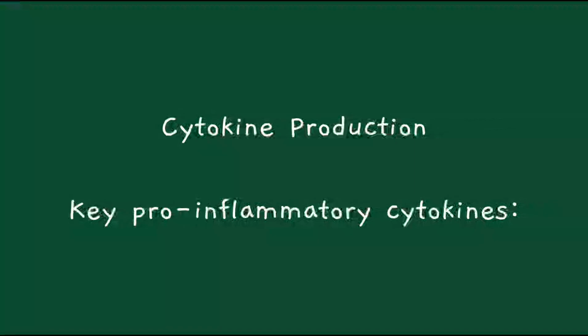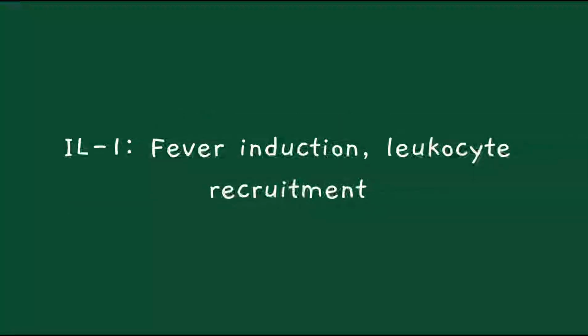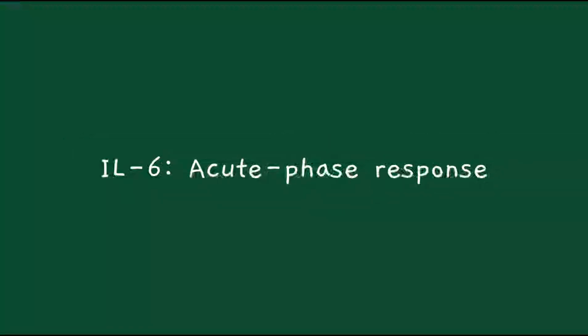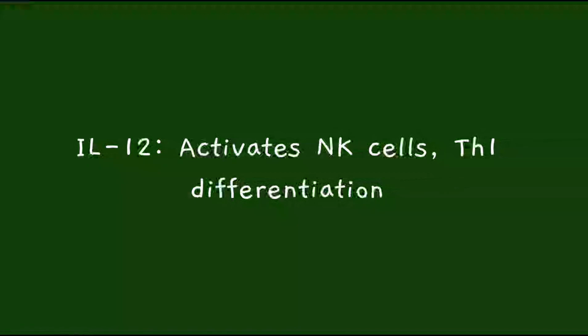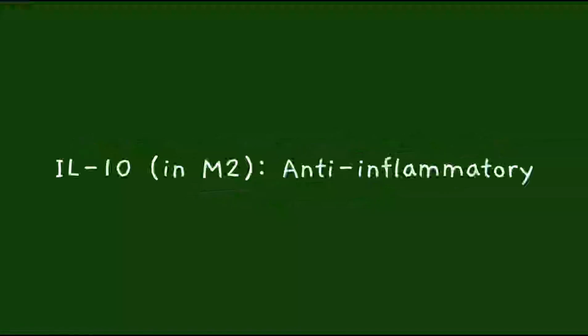Interleukin 1 is important in fever induction and leukocyte recruitment. Interleukin 6 in acute phase response. Then TNF alpha in inflammation and activating endothelial cells. Interleukin 12 activates NK cells and Th1 differentiation. Interleukin 10 is anti-inflammatory.